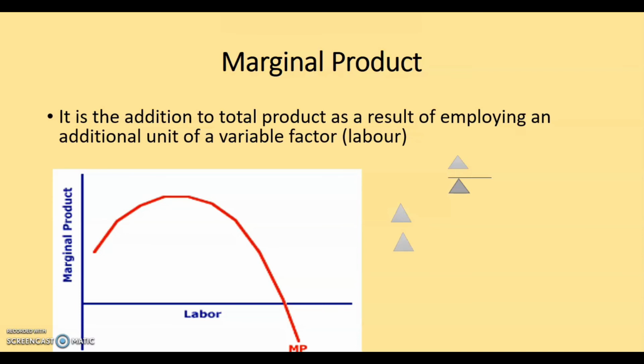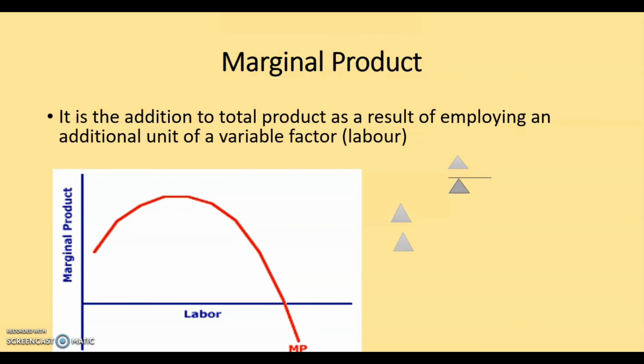Now the 6 people are going to add up to your productivity. So let's assume that if 5 people are giving you a productivity of 100 units, then you employ an additional person, making 6 people working for you. Now the 6 people will increase your production to, let's say, 150 units.